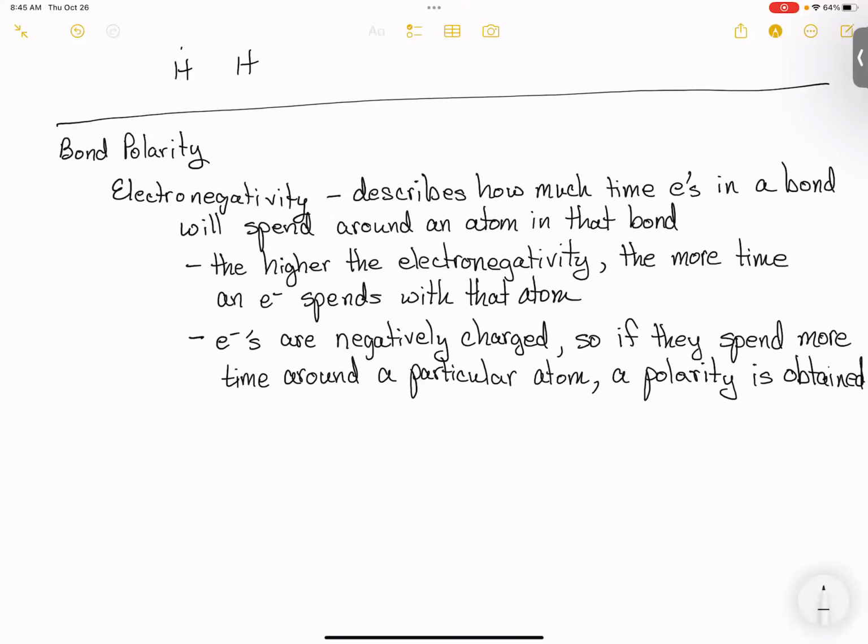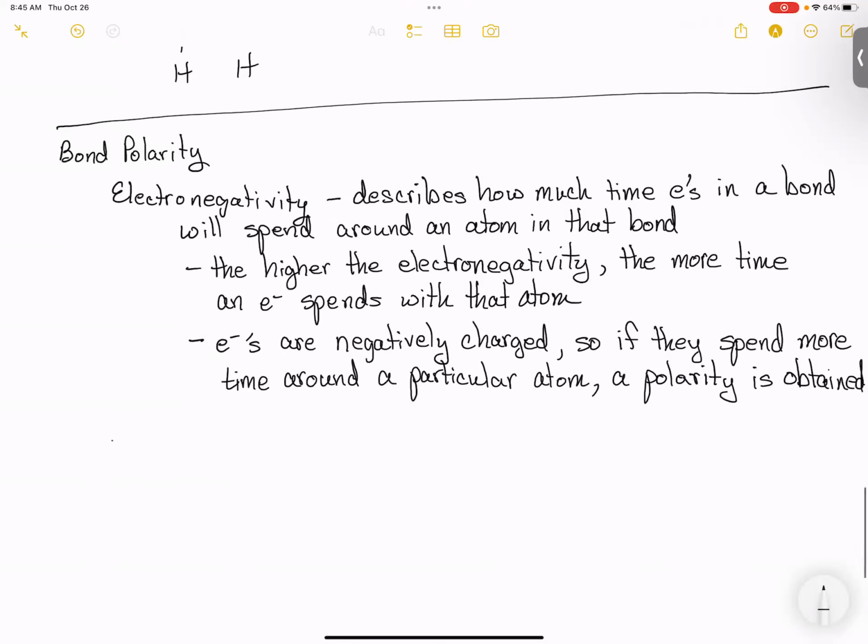Now, there's a couple of different ways that things can be described. But basically, we describe things as nonpolar if the difference in electronegativity is 0 to 0.4.